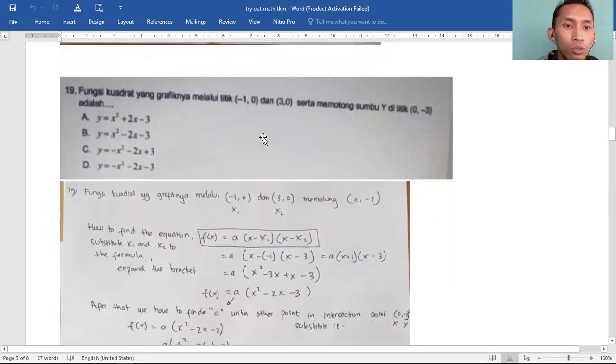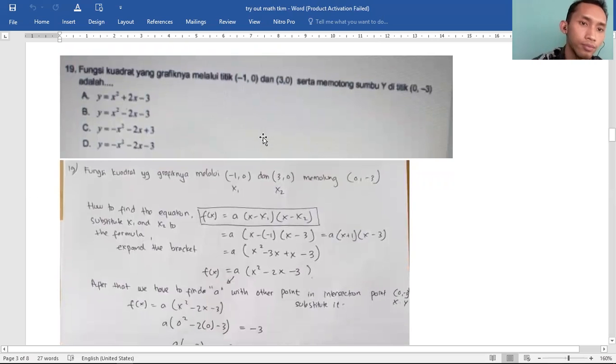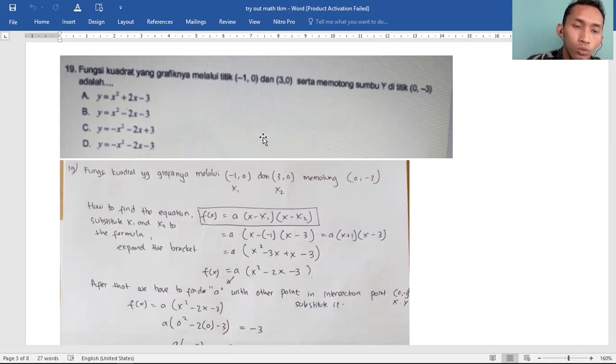Next, continue to number 19. It is about how to draw the graph again, how to find the equation if you already know the solution.